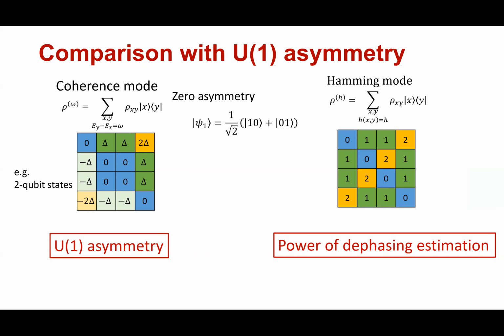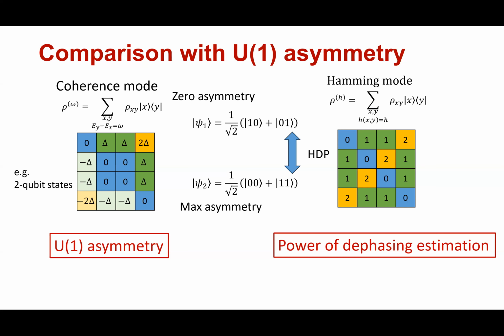This state, psi 1, is a superposition of 1,0 and 0,1, which essentially have the same magnitude. So in the resource theory of asymmetry, it has zero resource. And psi 2 here is the superposition of 0,0 and 1,1, and it has maximal asymmetry among 2-qubit states.